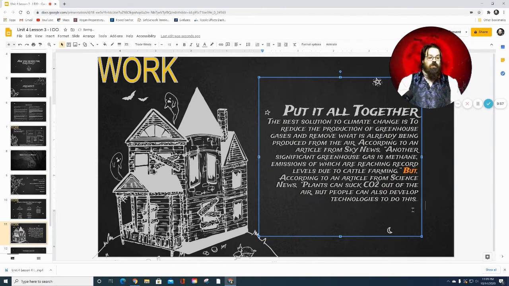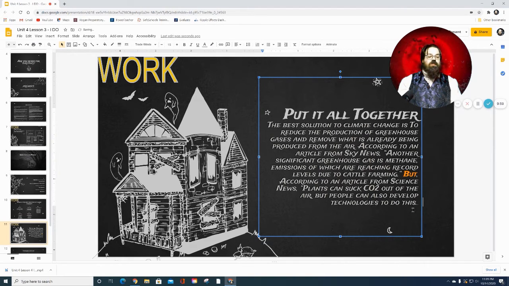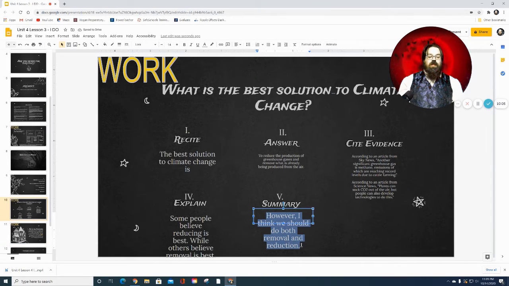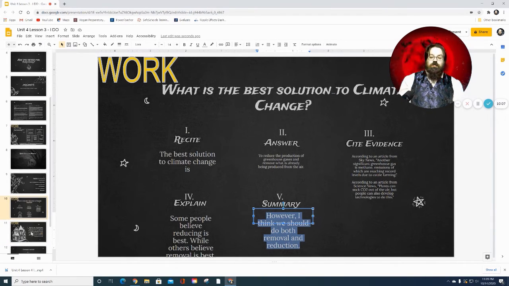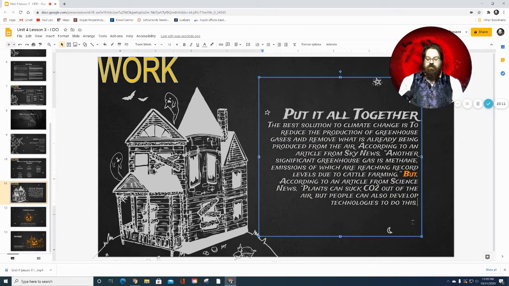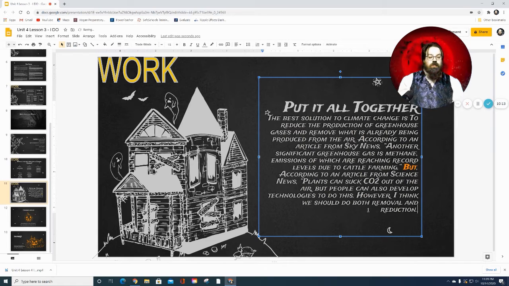All right, excellent. Now we have both those ideas linked, just like we did earlier. And then finally, we just put the summary there. I even used a contrasting signal word in my summary, to contrast it to the idea that people sometimes fight about those things. What is the best solution?